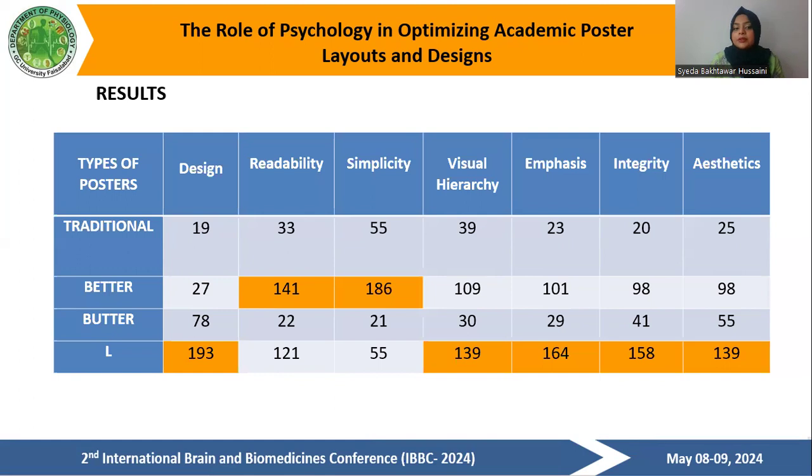And on the second number, readability and simplicity were highest for the better poster. So these two posters were more preferred among all the four, and out of all the four, the most preferred poster was the L poster.